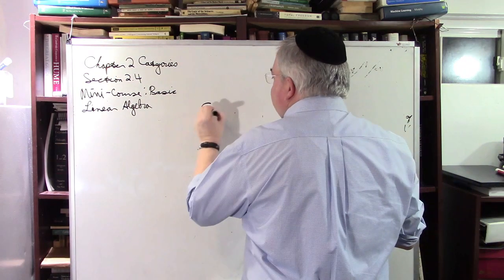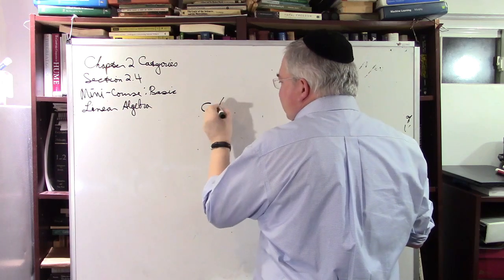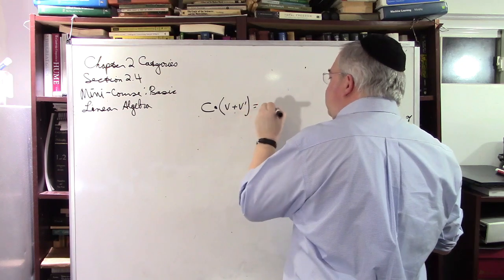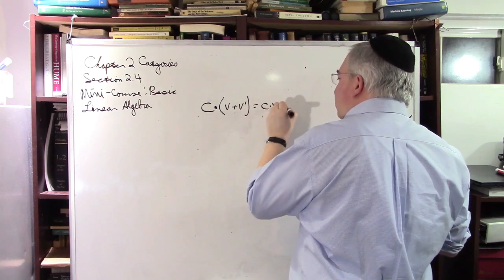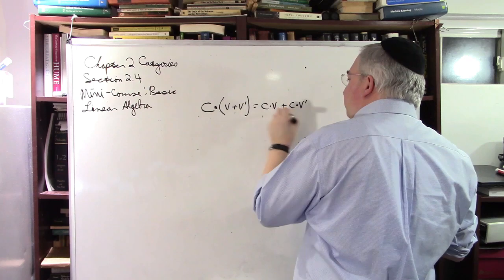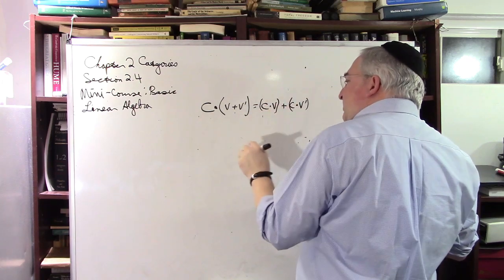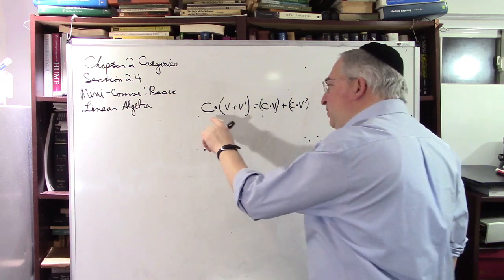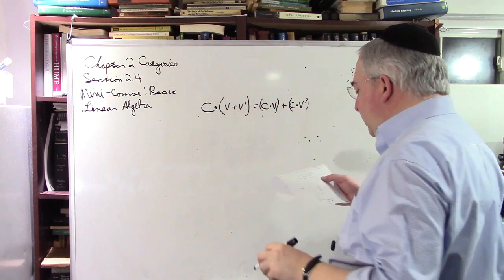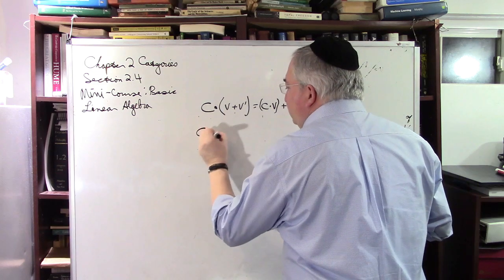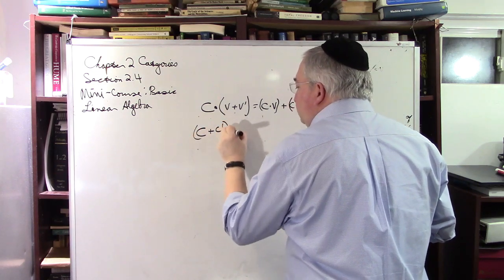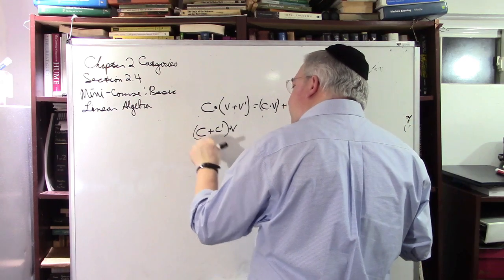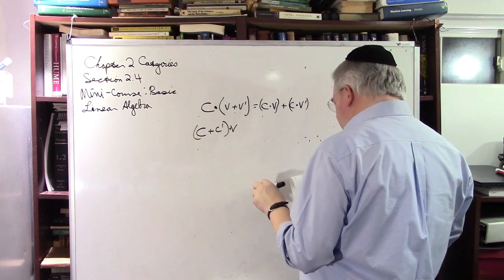Okay, C times, that's a dot, that's scalar multiplication, V plus V prime is equal to C dot V plus C dot V prime. So what that says is the scalar multiplication distributes over the addition. Next, C plus C prime dot V, okay? Let's say you want to enlarge it or shrink it and you want to add these things.